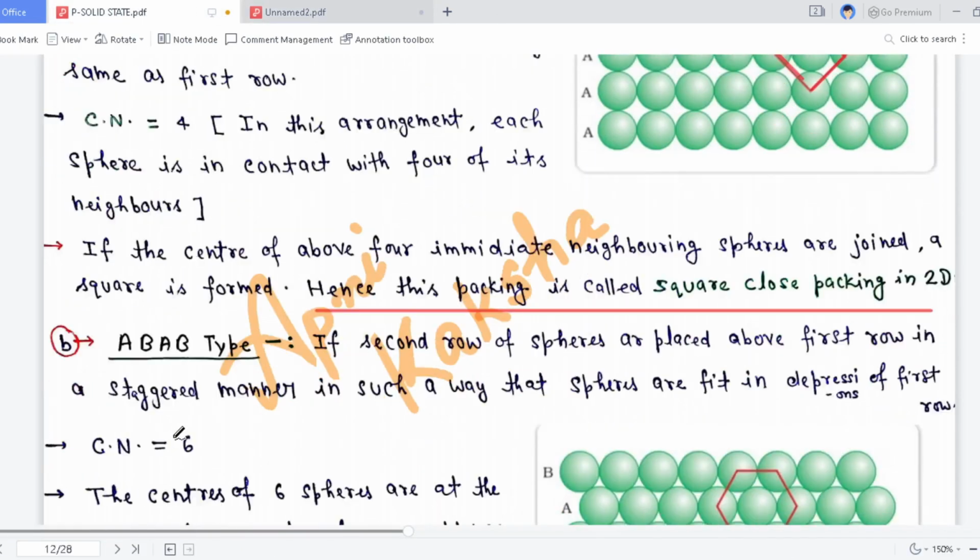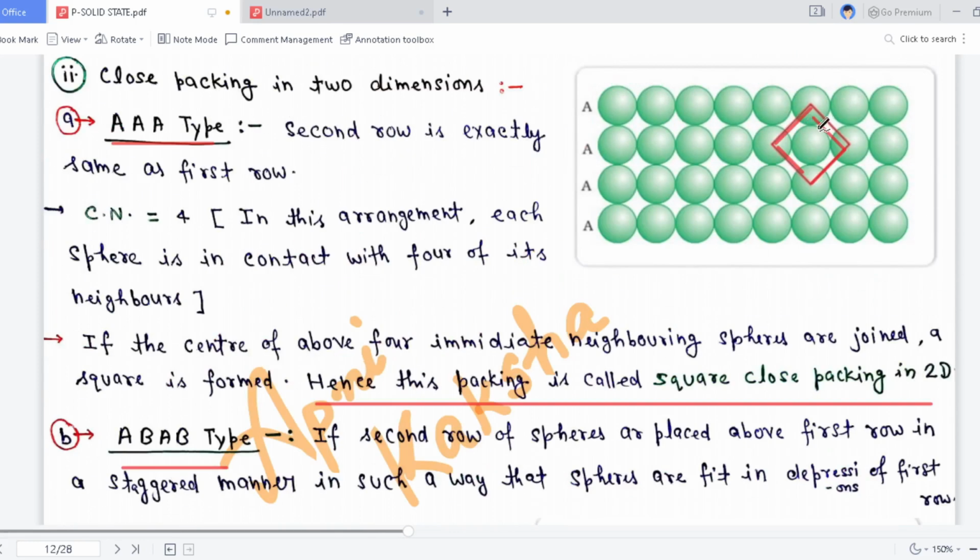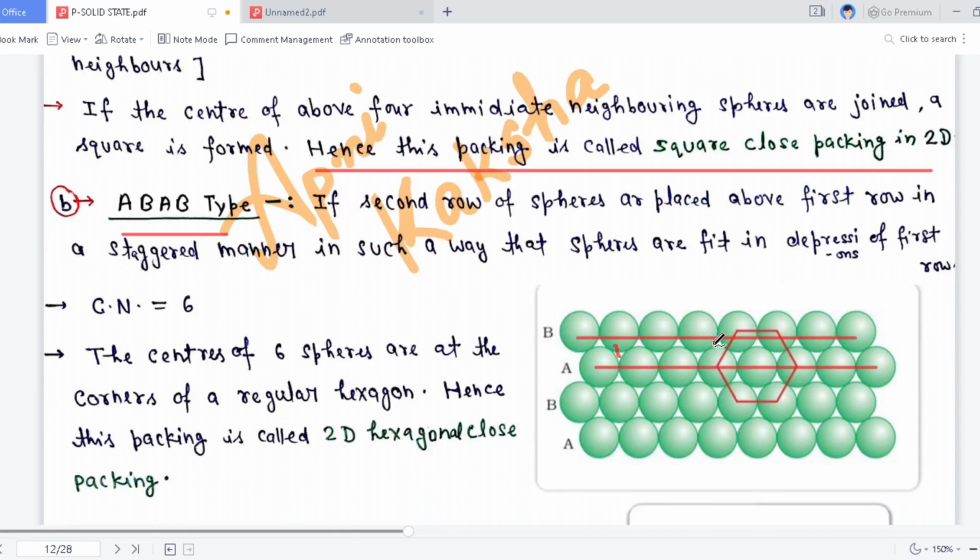Now next up we have the ABAB type. What is ABAB? Let's try to visualize this. A goes in this row, but B goes in this row, so between the space of two particles of A, there is one particle of B. You understood that? So here there is a space above a space, but here there is a particle above the space.